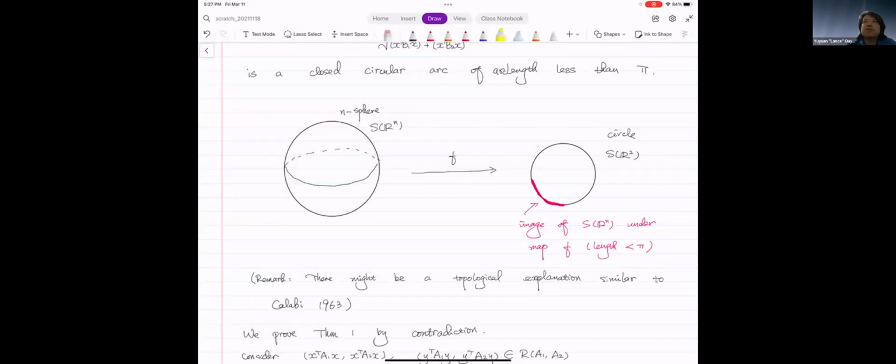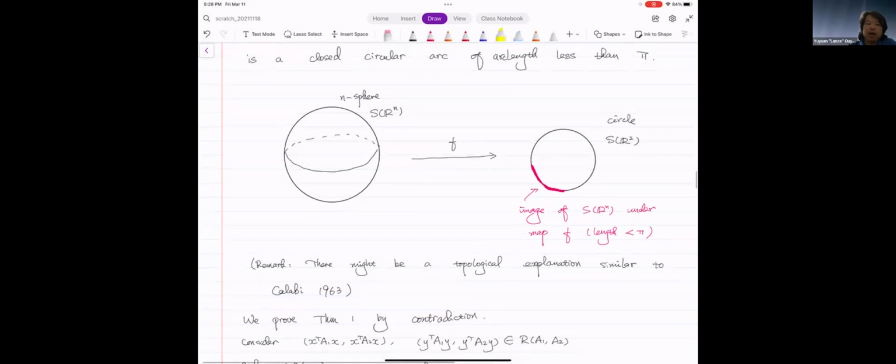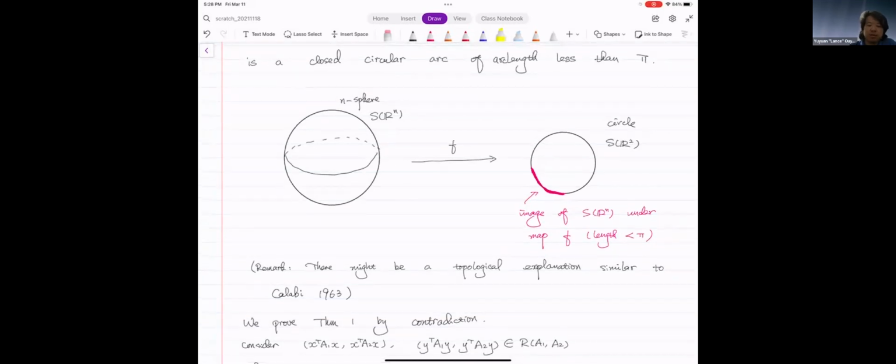There is a topological explanation that can be derived that's similar to this result by looking at Calabi's statements in 1963. So basically, maps from spheres to circles are unique in the sense that they have a very special topological property, and this is a special topological property that you can observe.